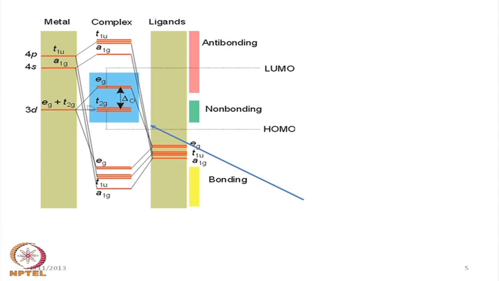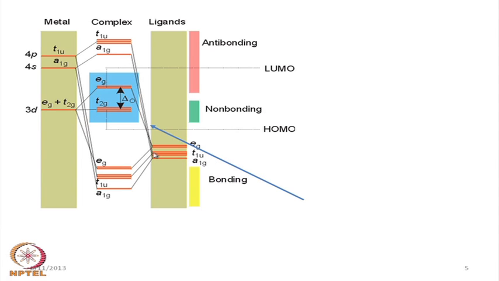These interactions give a bonding part and an anti-bonding part, and the bonding part will have energy close to the ligand side. That means the presence of the 4s and 4p levels will not change the energy much from that of the individual atomic orbitals from the ligand side.